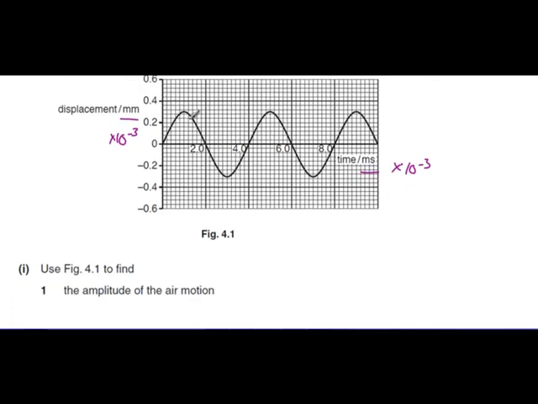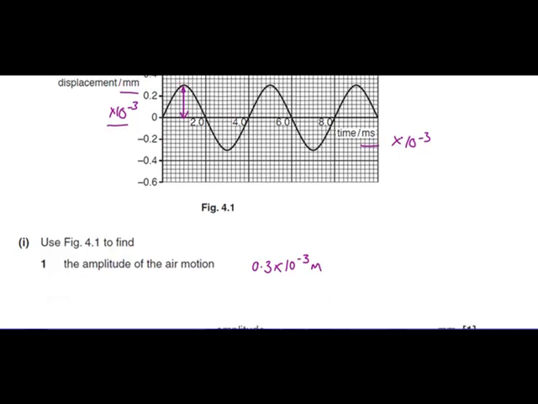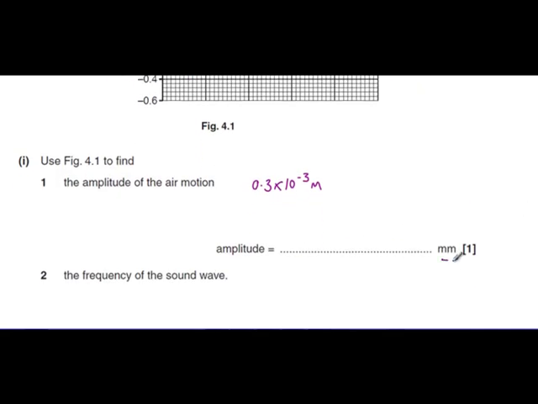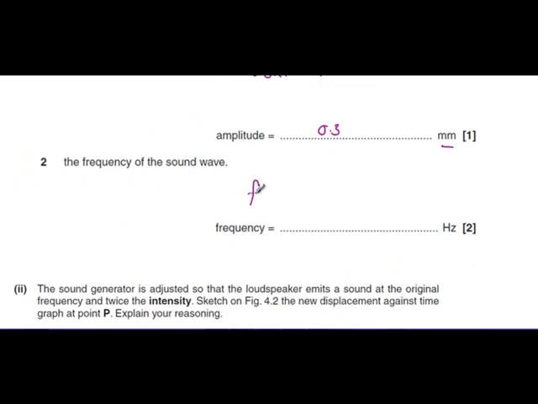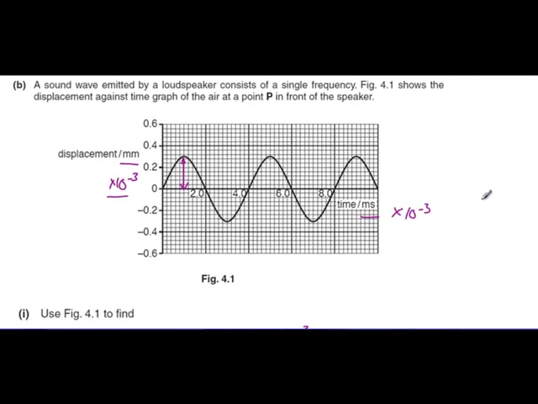So I need the amplitude, so the amplitude is the maximum displacement from equilibrium, which is 0.3. Don't forget this, times 10 to minus 3 meters. Well, it's asking for millimeters, so it's back to 0.3. The frequency of the sound wave, how many waves in 1 second, is 1 over the time period.